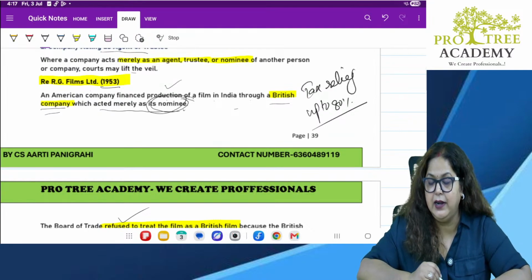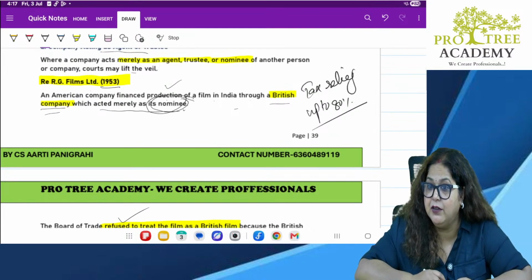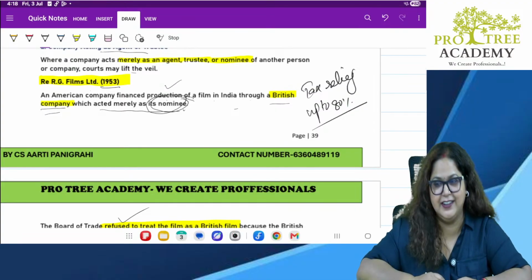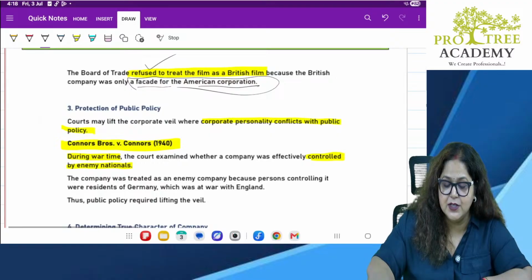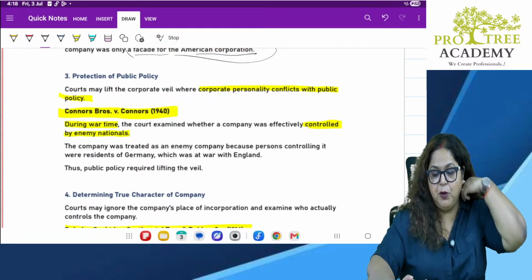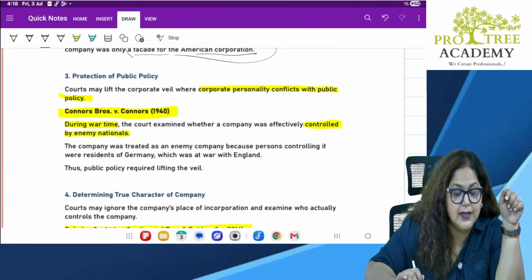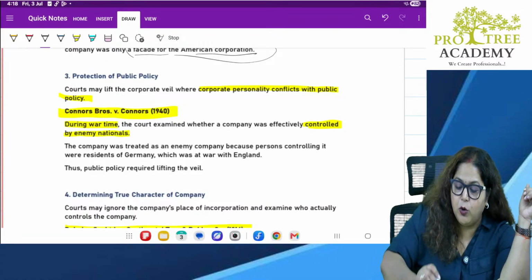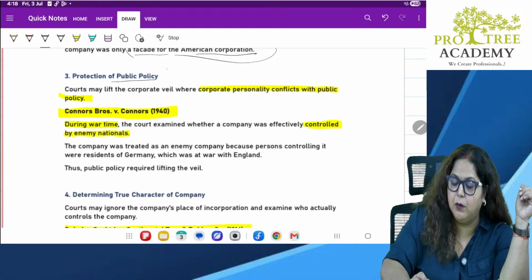So this RG Films, you have to remember these case laws, guys. RG Films Limited 1953, Guilford Motor versus Horn 1933. Yes. Next is what? Protection of public policy. So in all these cases, the court will lift and pierce the corporate veil. Next is protection of public policy.